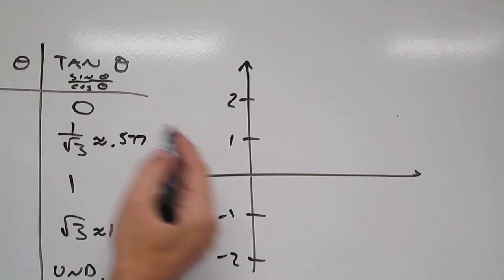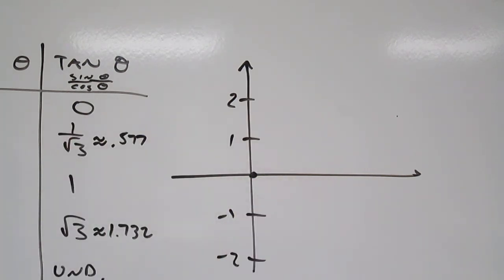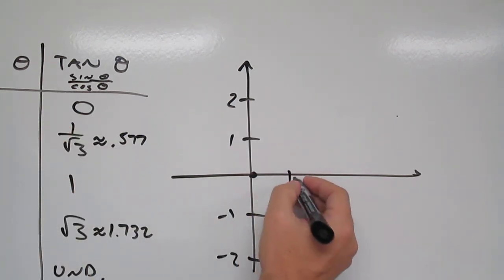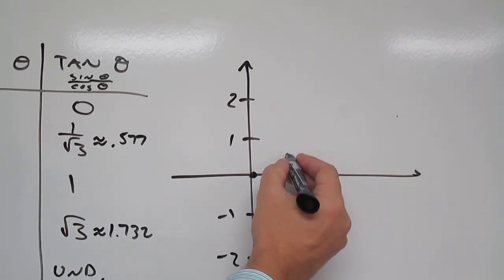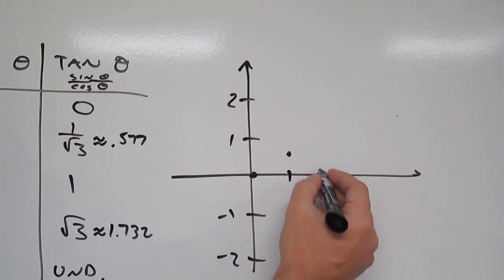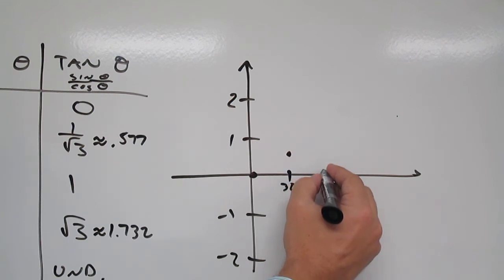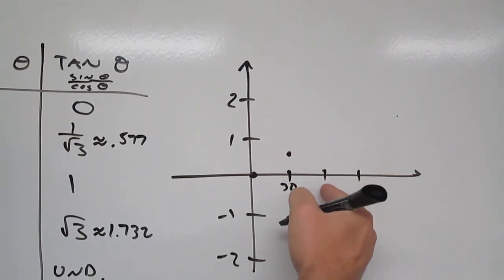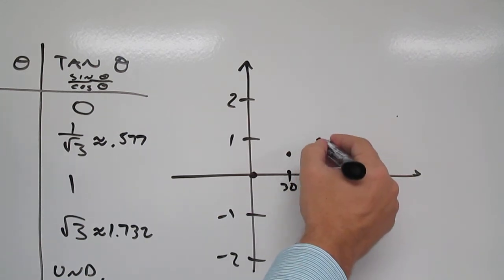So we said the tangent of 0 is 0 at 0 degrees. Tangent of 30 degrees is going to be 0.577. The tangent of 45 degrees is equal to 1.